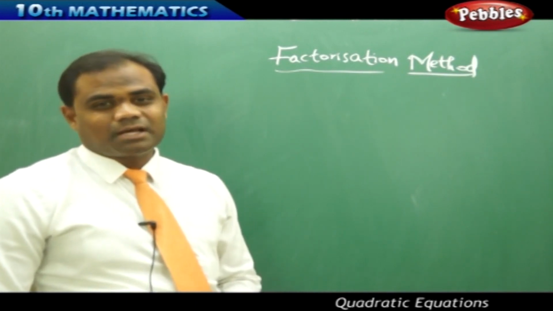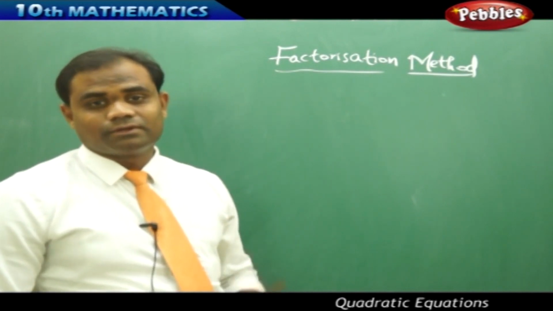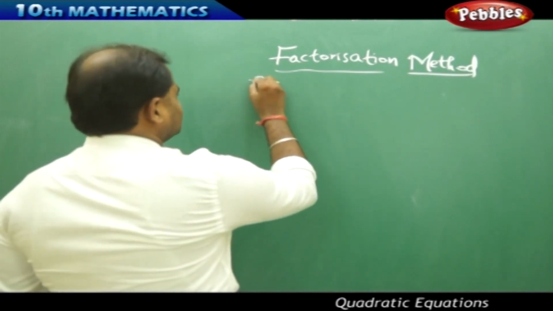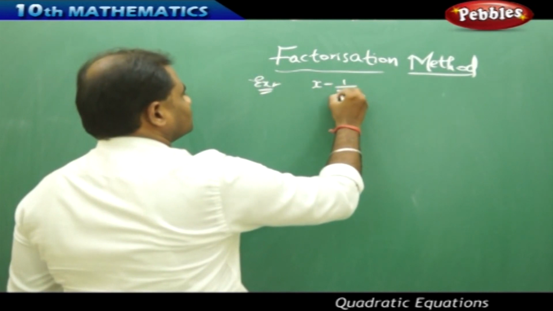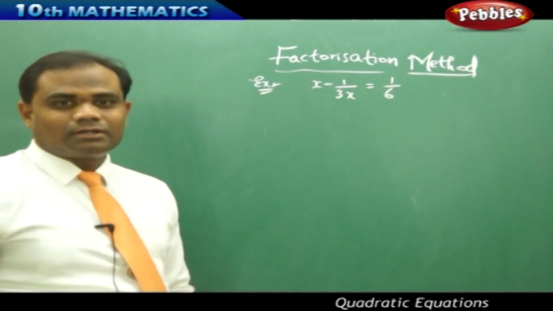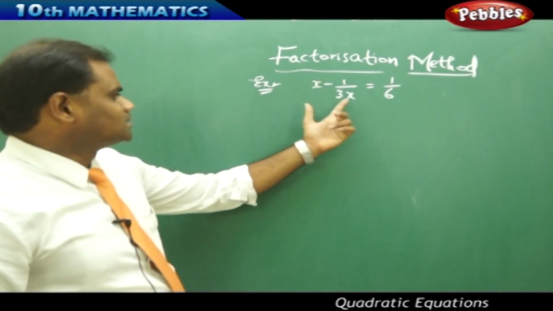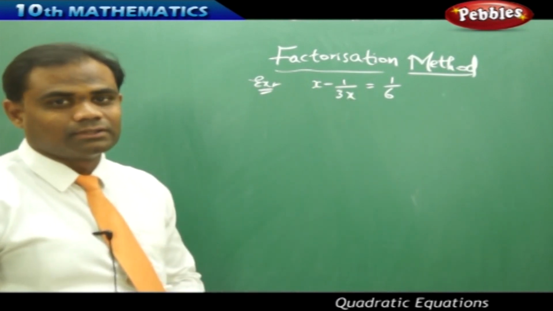So let me take an example problem and let's see how the factorization method can be applied to it. For example, I take an equation x minus 1 over 3x equals 1 by 6. Now this is directly not a quadratic because I have linear x and the power of x here is -1, which is not a non-negative integer.